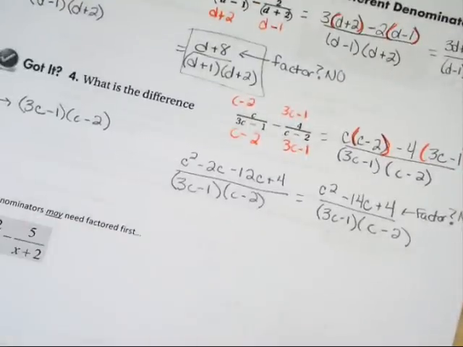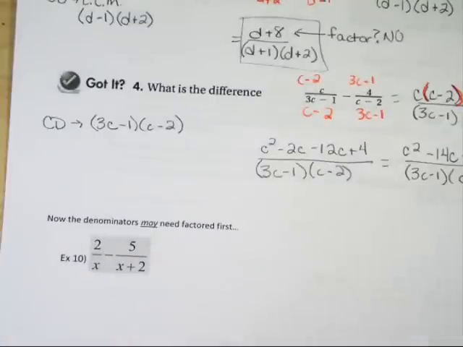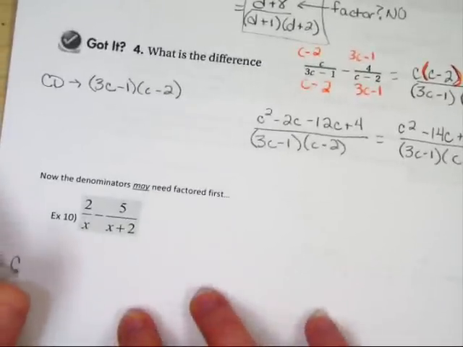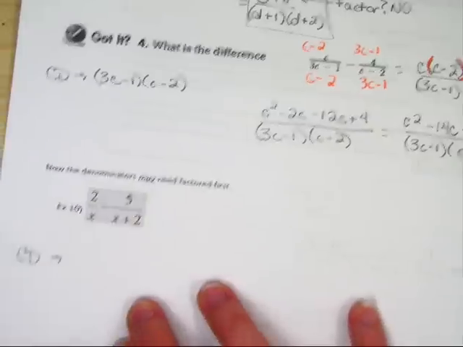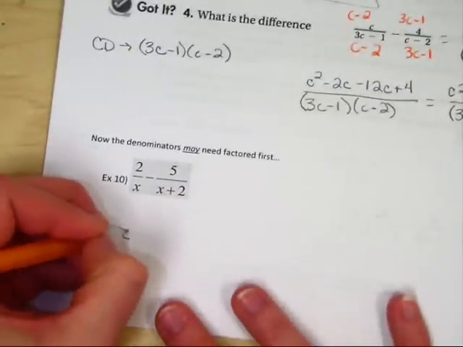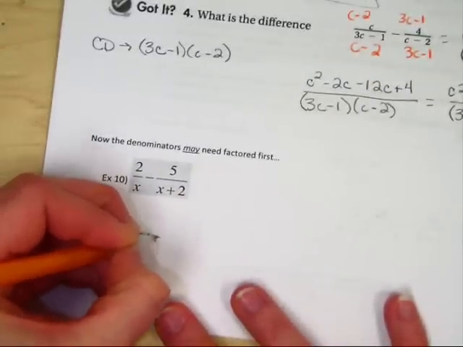Moving on to example 10, I wrote on here that the factors might need to be factored before you begin. So let's look at example 10. Does anything need to be factored in example 10? Answer is no, nothing needs to be factored. So I get my common denominator, and my common denominator is x and x plus 2.